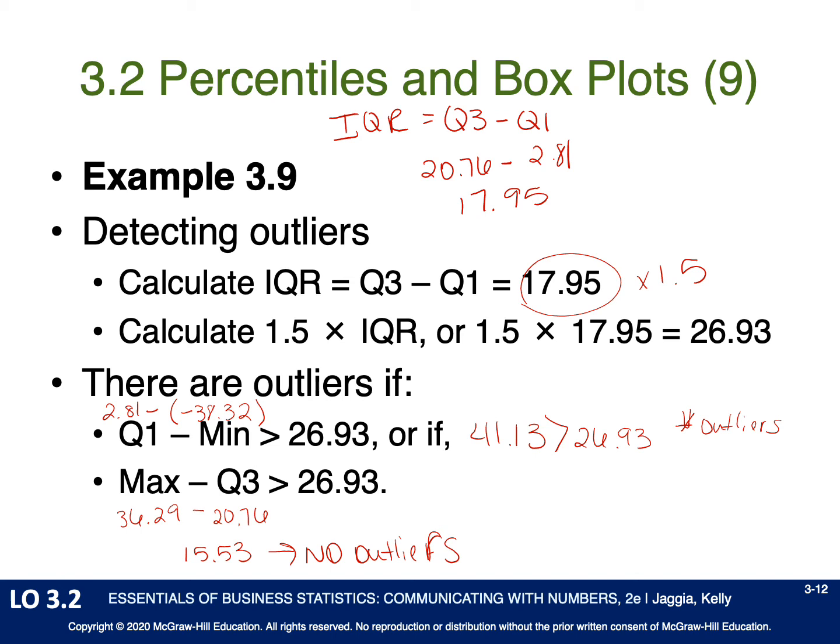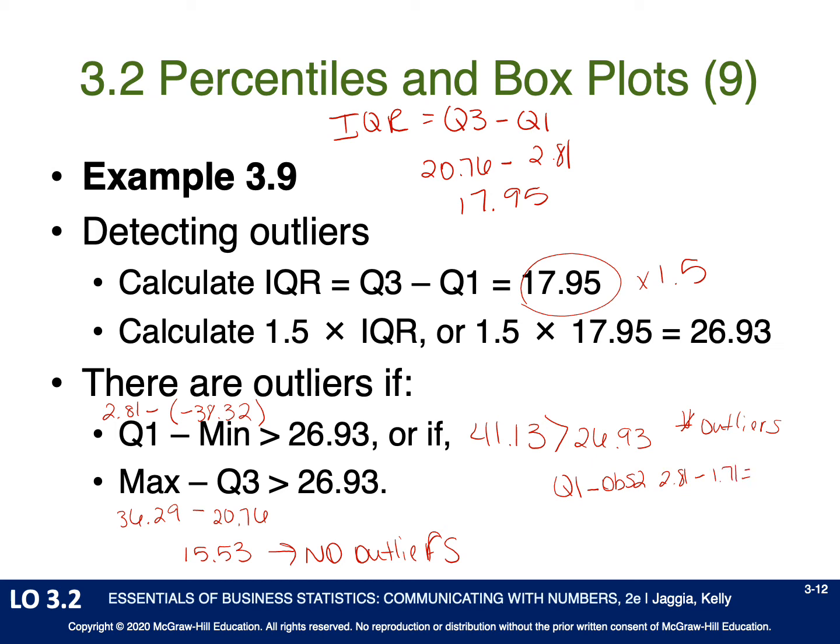Remember that quartile 1 fell between observations 2 and 3, right? So we're going to first look at the difference between quartile 1 and observation 2. Quartile 1 was 2.81 minus observation 2, which was 1.71.